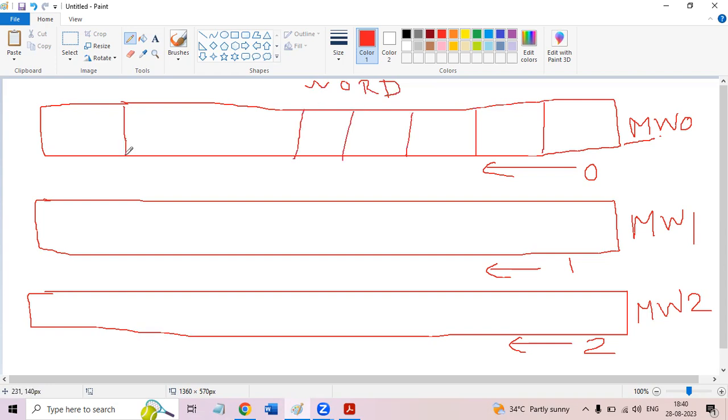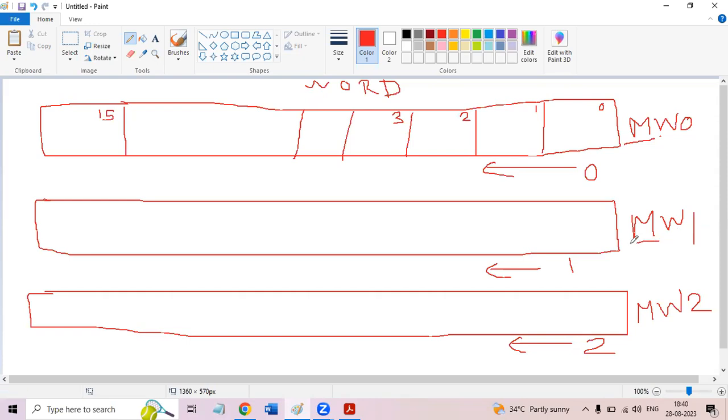This is road number 0, and this is house number 0, house number 1, house number 2, house number 3, like that up to house number 15. After that, you will go to another road, road number 1. So this is MW1. Correct?